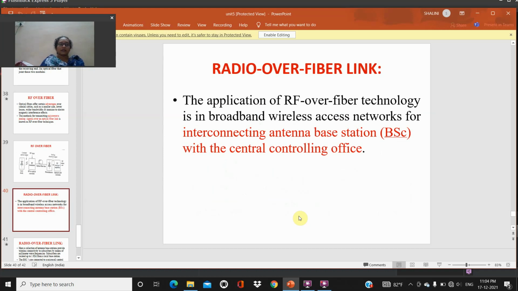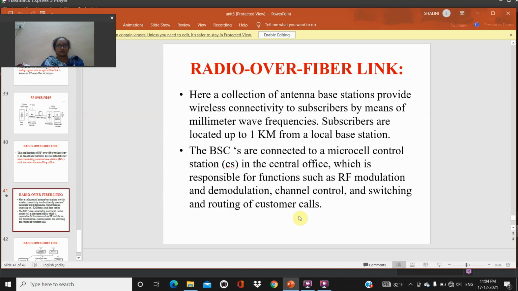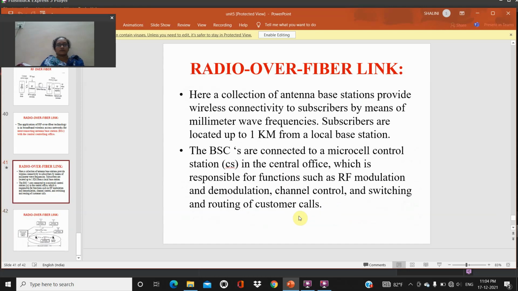Radio over fiber link. What is a radio over fiber link? The application of radio frequency over fiber technology is in broadband wireless access networks for interconnecting antenna base stations with the central controlling office. Here a collection of antenna base stations provide wireless connectivity to subscribers by means of millimeter wave frequencies.